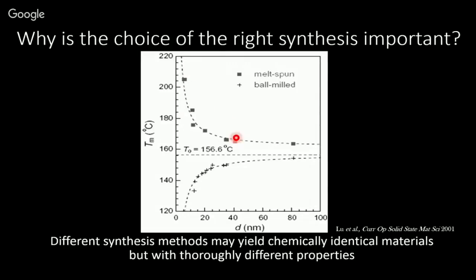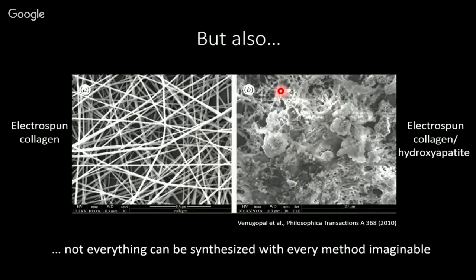Again, these are indium particles, and they were made by two different methods. One of them is ball milled, which is the mechanochemistry method, and the other one is melt spun. Their melting point dependence on the particle size is completely different depending on the method. So how you choose the method can have a really strong effect on the properties.